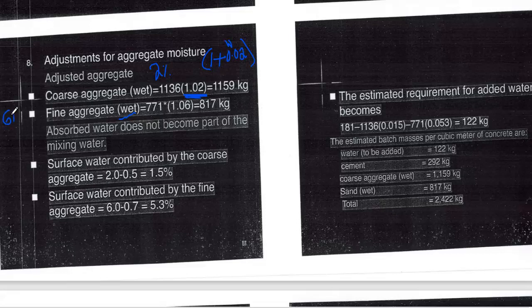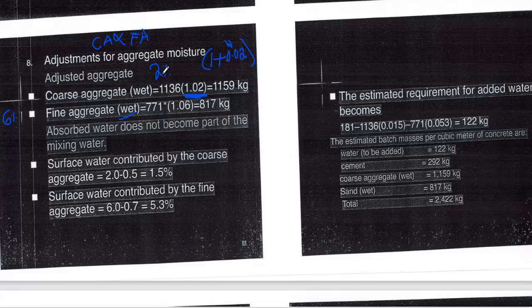So you need to cross-check whether the coarse aggregate and fine aggregate have any absorption rate or not. If it absorbs, you can reduce this water absorption from this quantity also.